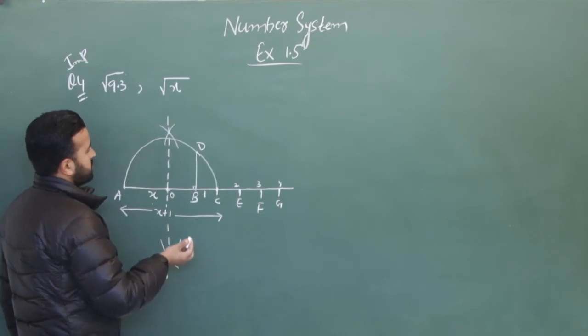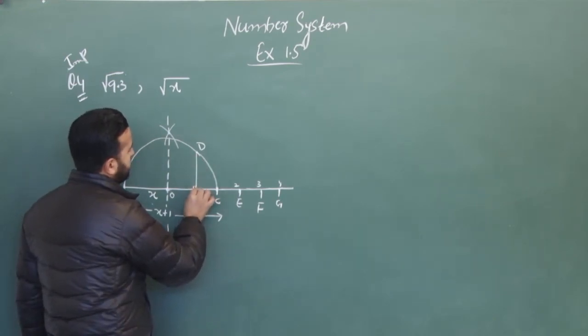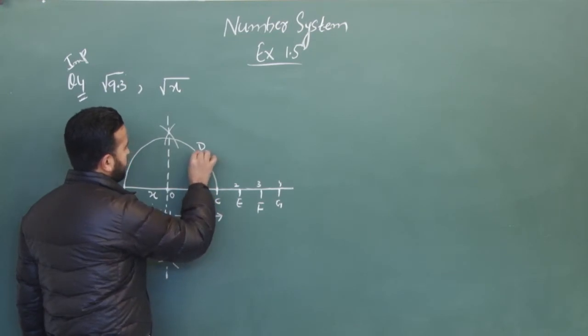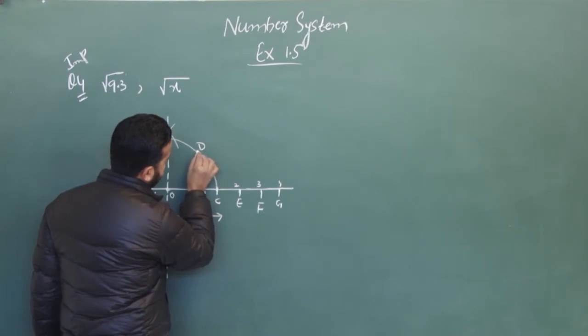Now what will be our next step? We have to now take B as center. With B as center and radius equal to BD, we have to draw an arc.